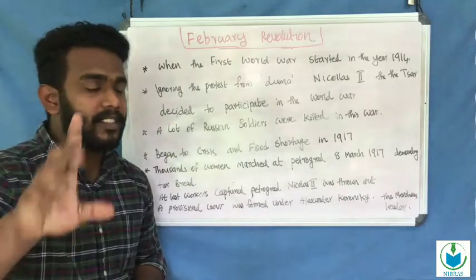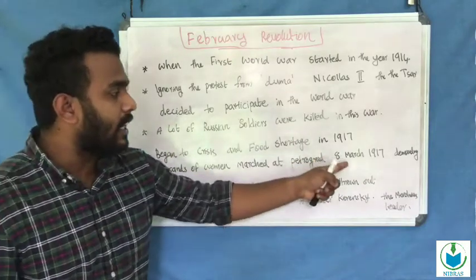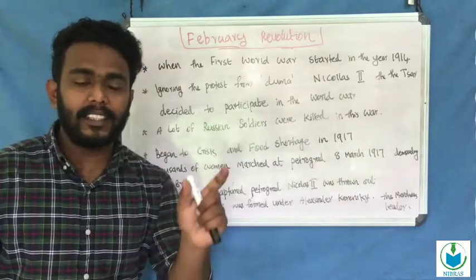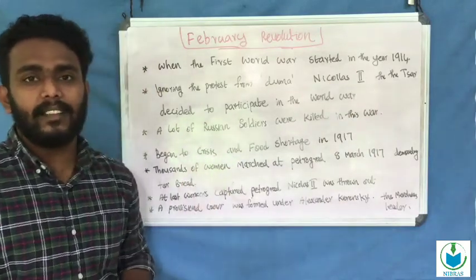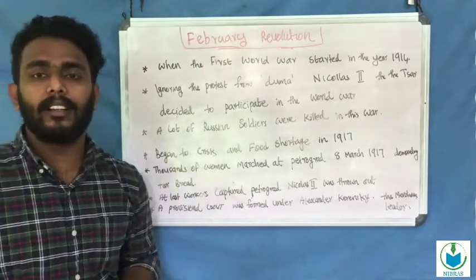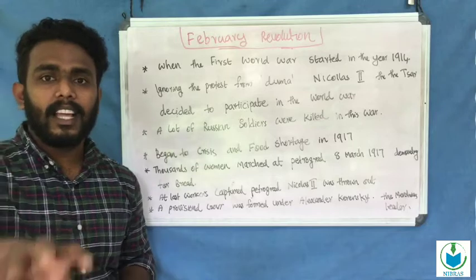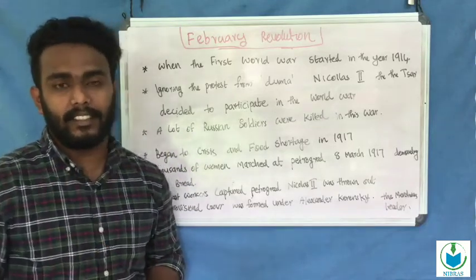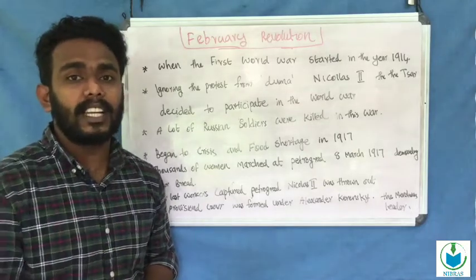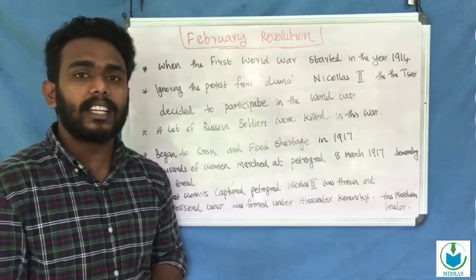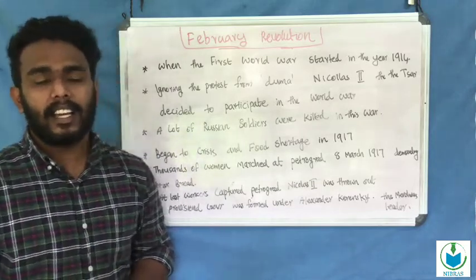One point: it happened in March 1917, but its name is the February Revolution. What is the reason? Russia followed the Julian calendar at that time, not the international calendar.